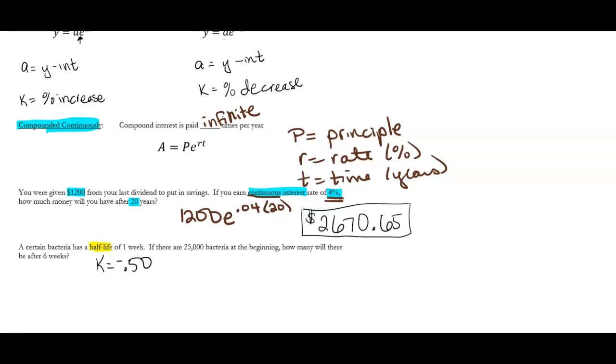So it's a decay, and that happens every 1 week. So instead of talking about years now, we're talking about weeks. So I have 25,000 bacteria, and it's continuous. Whenever they talk about half-life, it's continuous. So it's going to be E to the negative 0.50 times how long, and this is wanting 6 weeks.